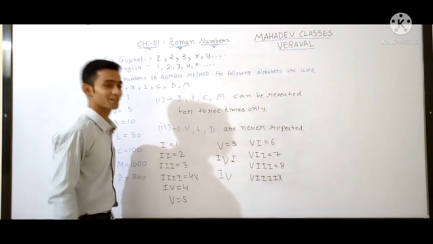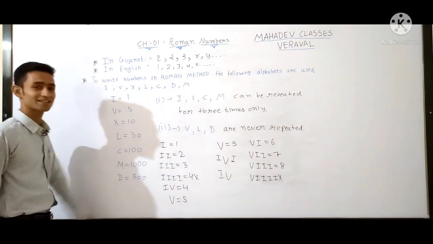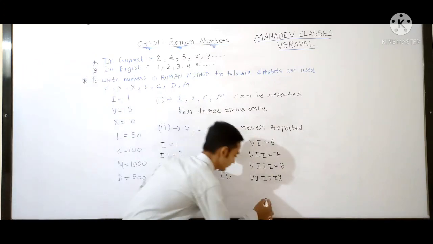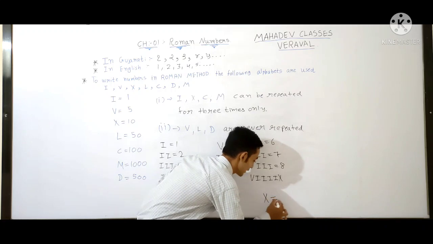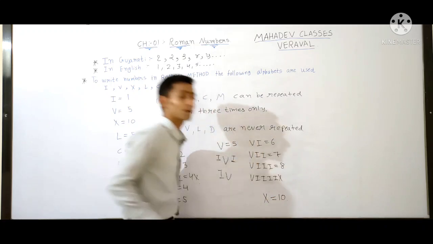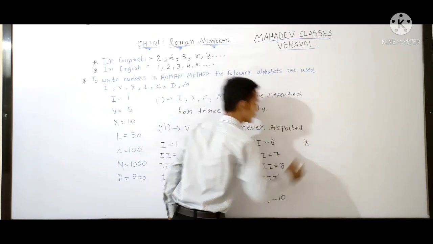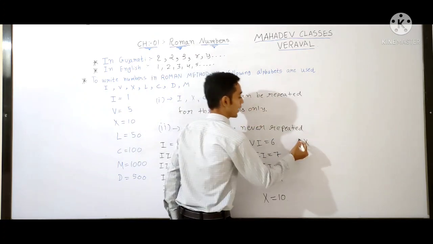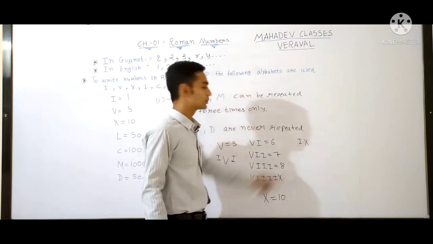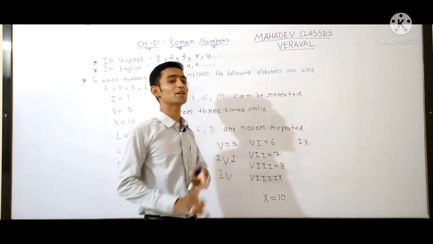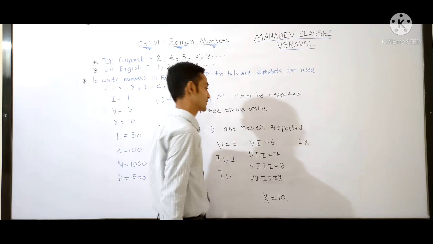We already know the Roman number of 10, which is X. X is equal to 10, and similarly the rule will be applied here as well. If you write I on the left side of the X symbol, there will be a process of subtraction.